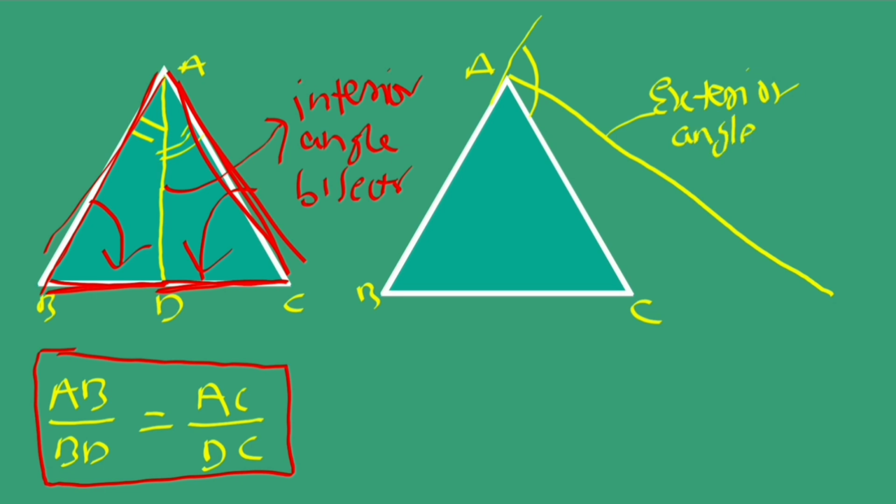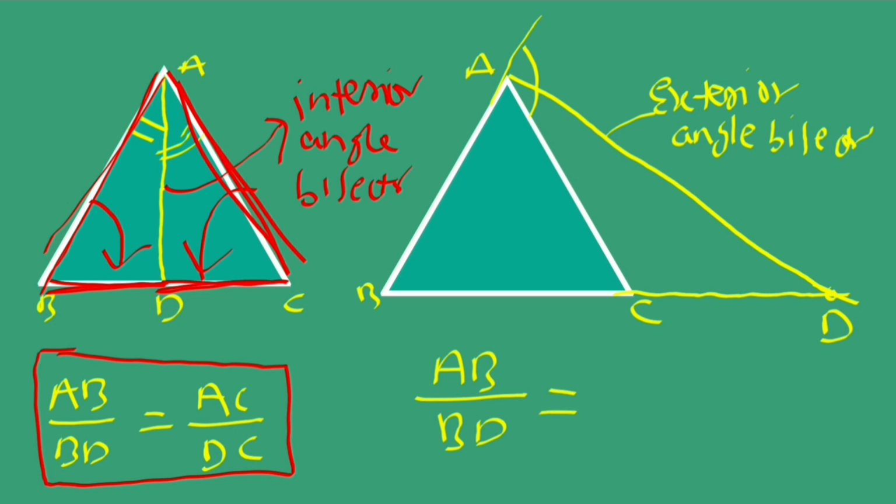Now I am extending this BC line until it touches the exterior angle bisector. This point, suppose it is D. Now the condition is AB divided by BD is equal to AC divided by DC.